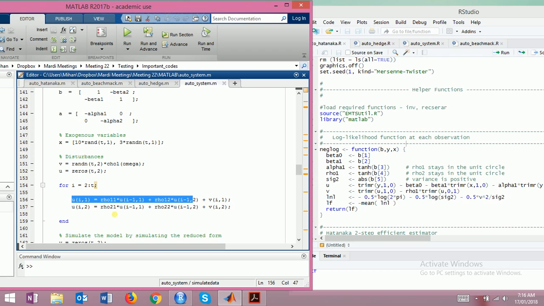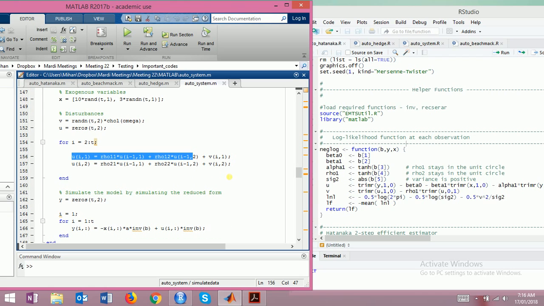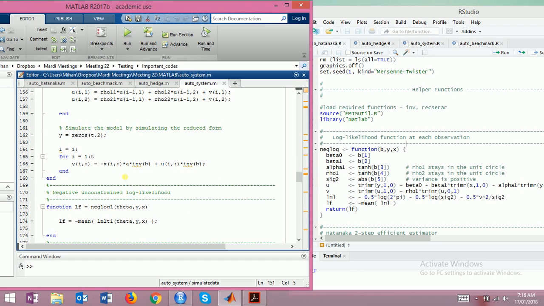Then I choose rho 2 1 ut minus 1 for the first column, rho 2 2 ut minus 1. Obviously there will be two rows, it's an AR2 model, plus vi2, with 2 columns, for i equal to 2 to t, and so disturbances are created randomly. Exogenous variable. Simulate the model by simulating the reduced form.